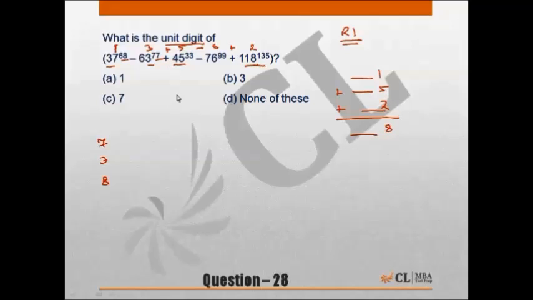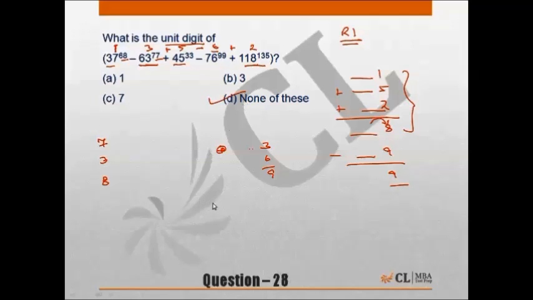And we have to subtract another number which ends in 3, and this ends also in 3. So 9. So you have effectively 3 numbers which end up with a unit digit of 8. From this you have to subtract another number which ends in a unit digit of 9. Which means you will borrow from the adjoining column. 18 minus 9 is 9. So the answer should be none of these, 9.